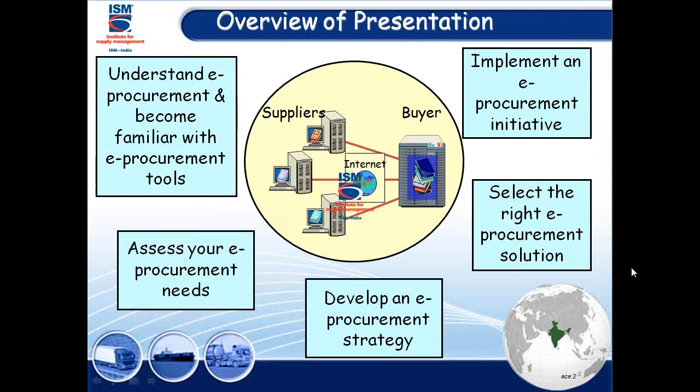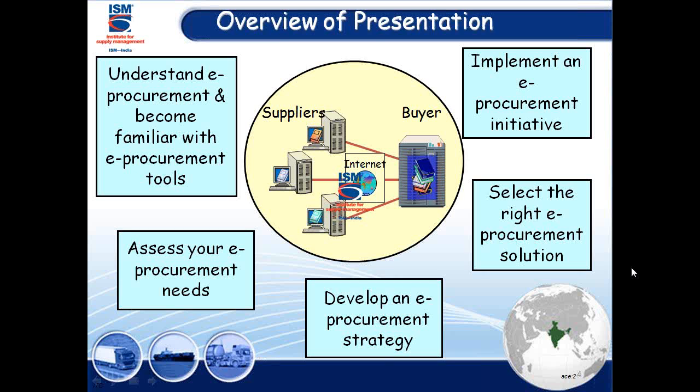The same thing I'm putting up as an overview of the presentation. You can see in the slide, there are suppliers, there are buyers, and in the center is the internet. To me, the internet is the core of all this. That's the backbone. So when we talk of e-procurement, internet is the backbone.